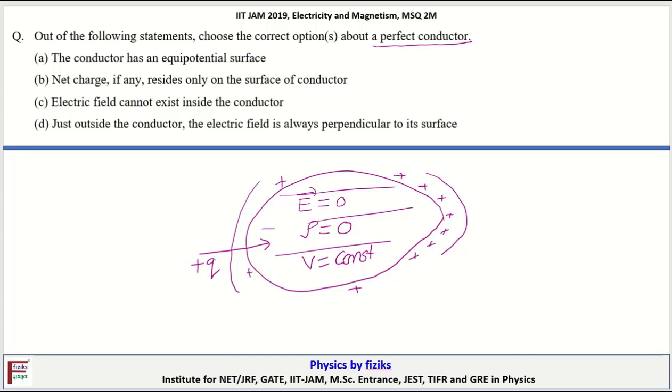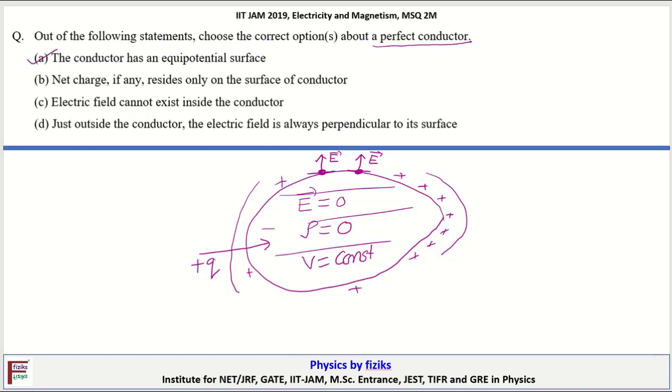And the electric field on the surface of a conductor is always perpendicular to the surface, pointing outward. So at any point we can show the direction of the electric field. So these are the properties of a conductor. Now if we see the correct option, option A is the conductor has an equipotential surface.